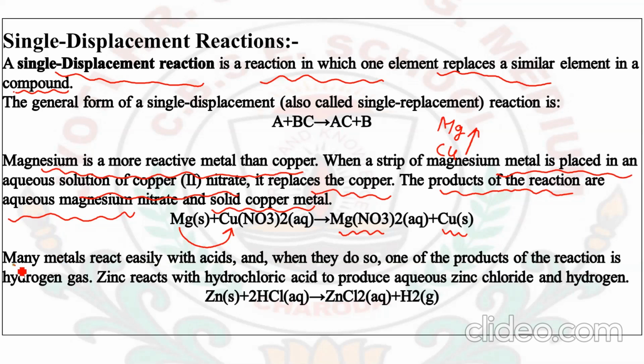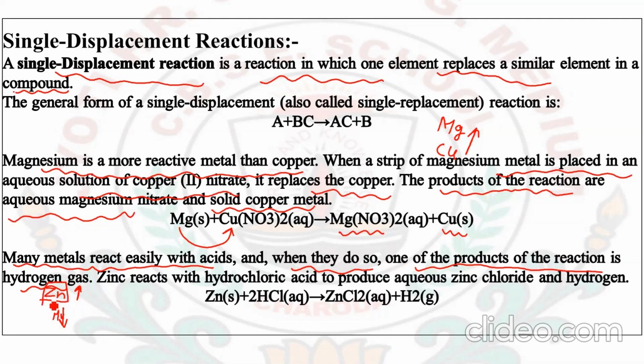Also, many metals react easily with acids, and when they do so, one of the products of the reaction is hydrogen gas. What is the reason behind this? Because hydrogen is present very low in the reactivity series, while most of the metals are present above hydrogen. Only copper, gold and platinum are present below hydrogen, but other elements such as zinc are present higher in the reactivity series.